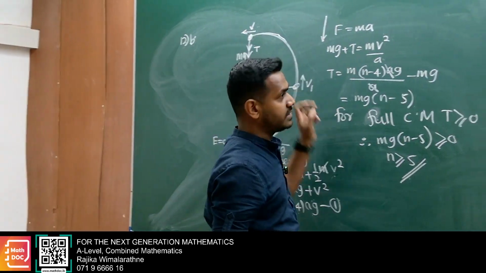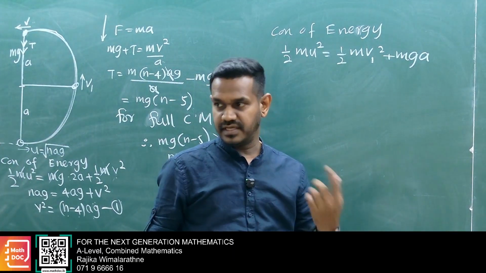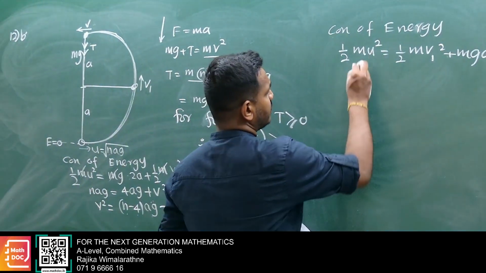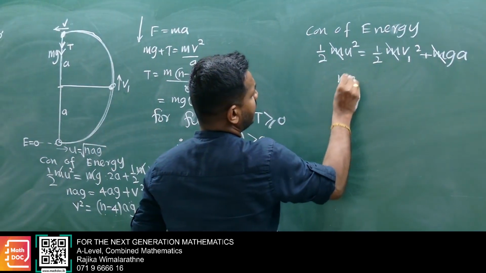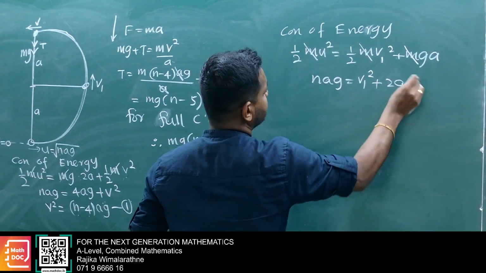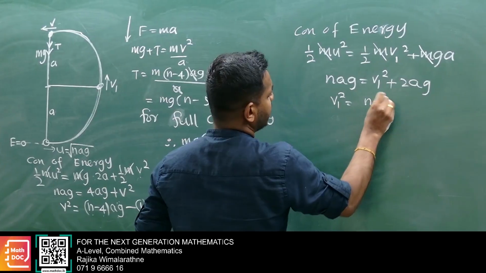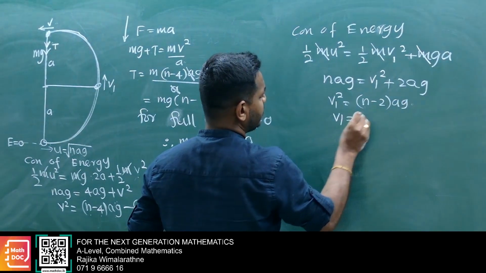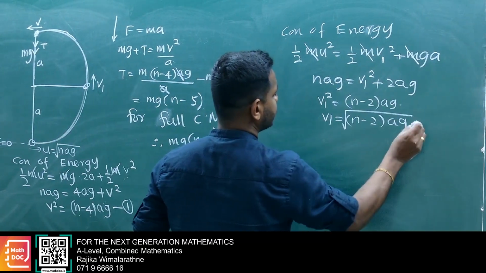At this position it has kinetic energy and potential energy, whereas initially only kinetic energy. Then find v1: n a g equals v1 squared plus 2ag, so v1 squared equals n minus 2 ag.